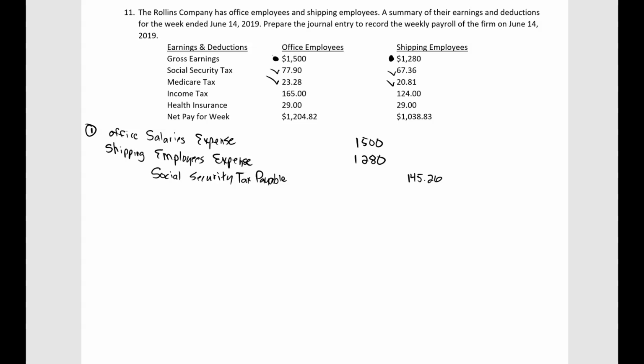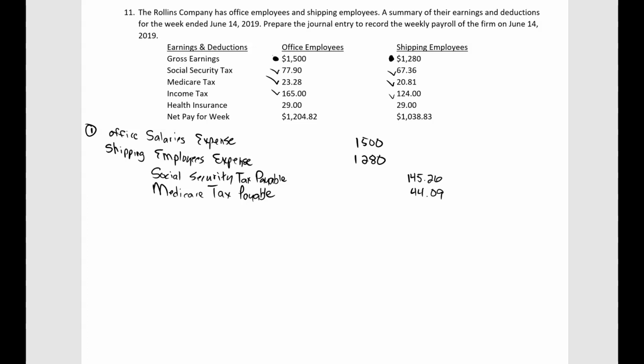We're going to take those two numbers and add them together. Medicare tax payable. We're setting up these payables because we collected them for these organizations from their paychecks. We set them into a payable account until we pay them.